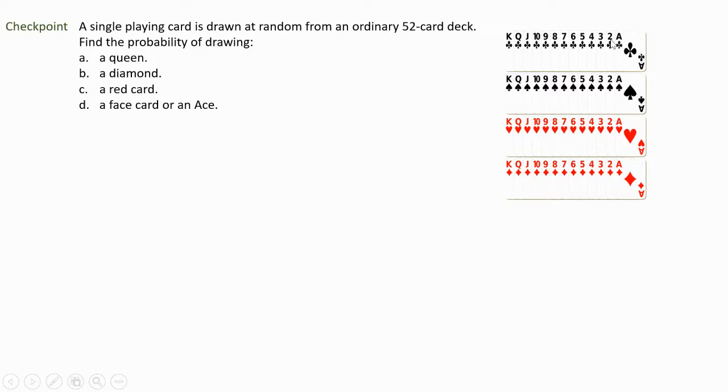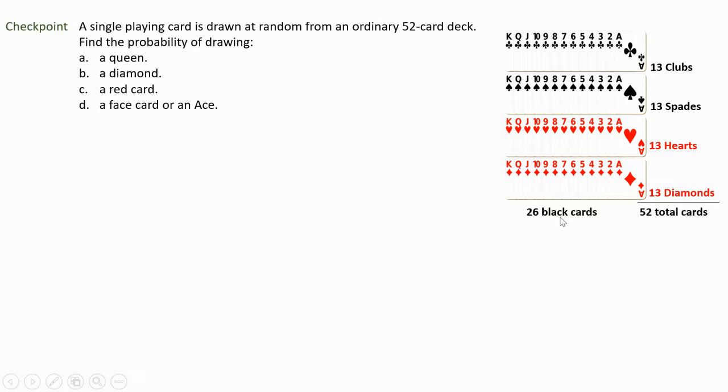For example, the ace, 2, 3, 4, 5, 6, 7, 8, 9, 10, then a jack, a queen, and a king. They all have the same numbers but different suits: the clubs, the spades, the hearts, and the diamonds. There are 13 of each, a total of 52. That's what it means by a 52 card deck.